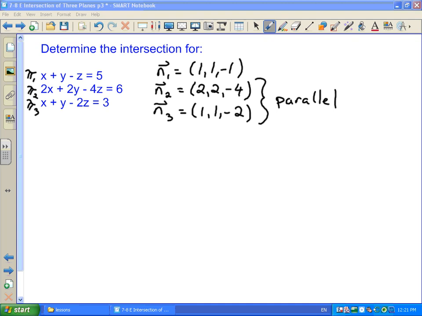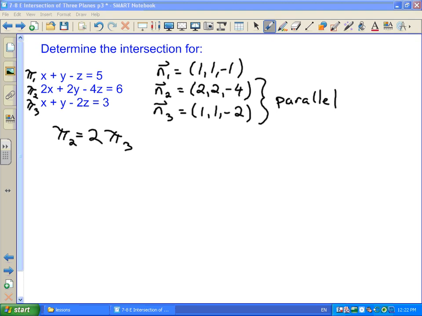Now, is plane 2 just parallel to plane 3, or are they parallel and coincident? Well, let's see. We can take a look at the equations here, and we see that if I take plane 3 and multiply each term by 2, I get plane 2 coming back.